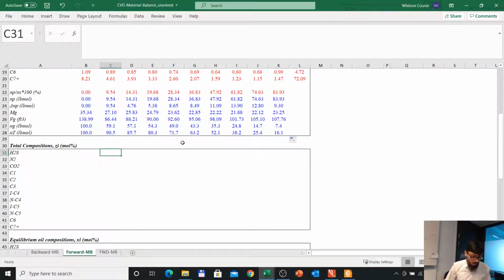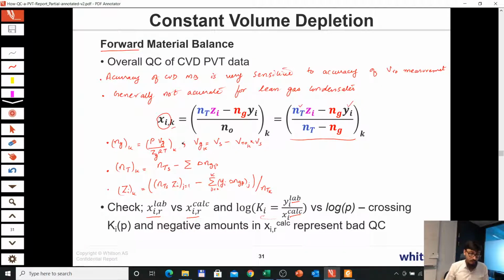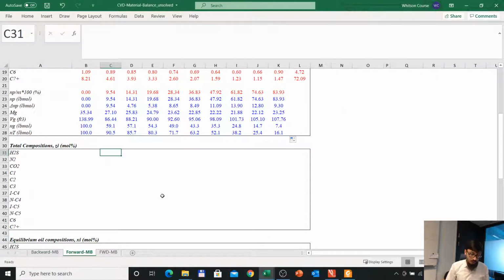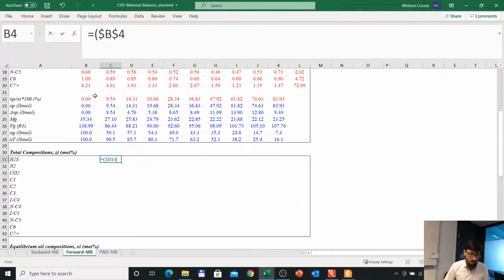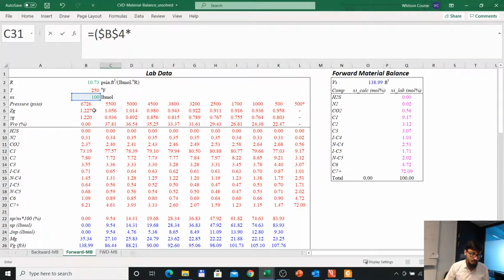So there again we have this formula here, the Zik equals to NTS Zi. So if you try to implement that formula here, it should be the total moles initially we had, which are these, times the initial composition or the mole fraction of the component initially.